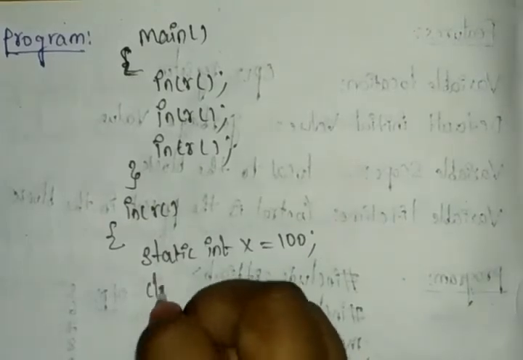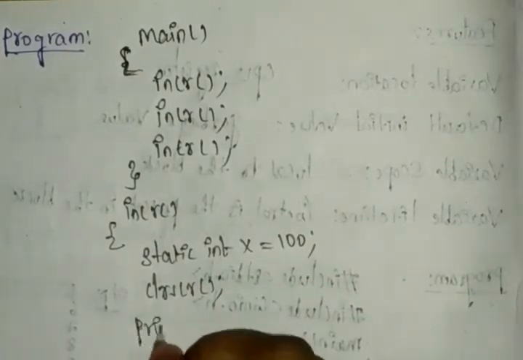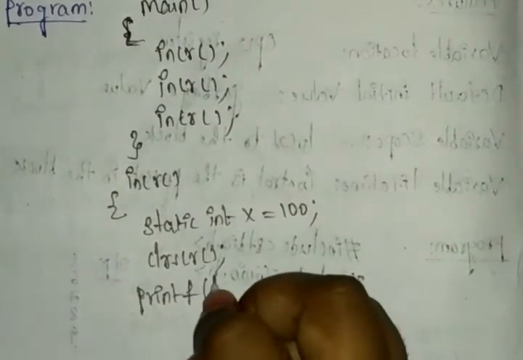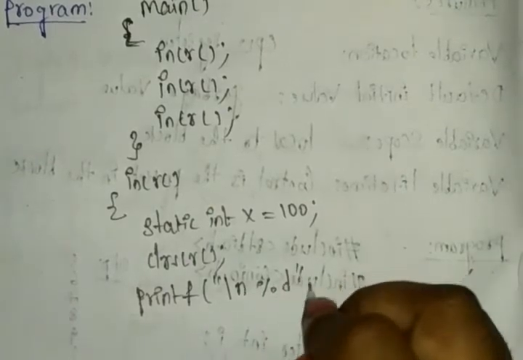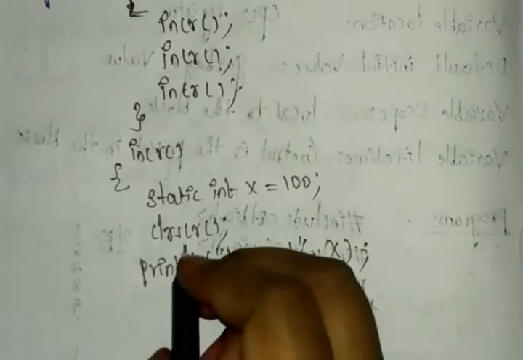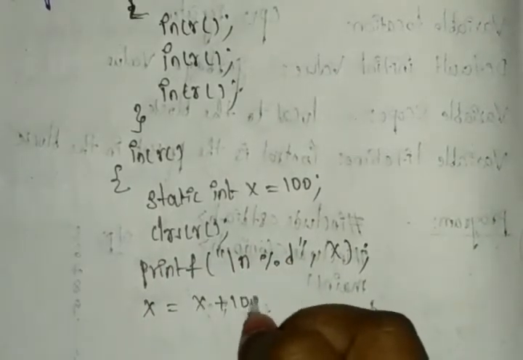Next you can clear the screen. After that you can write the printf. In the printf you can specify \n and %d for x, so let me print our x value. In this I am choosing x equals x plus 100.